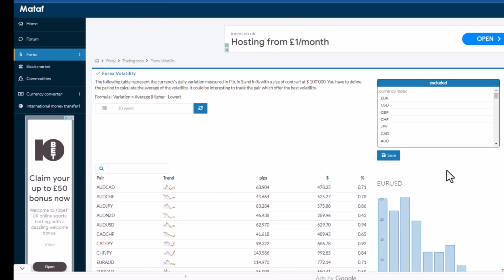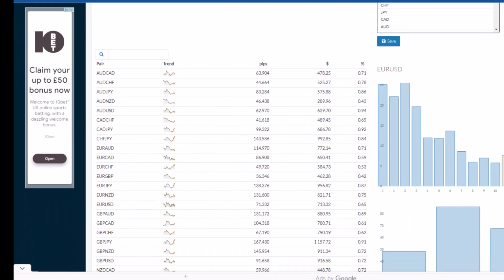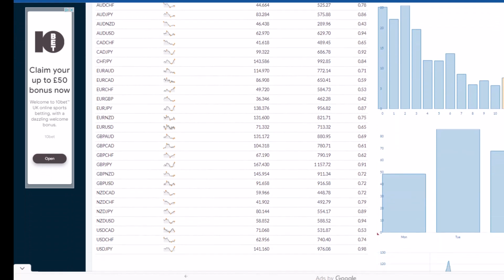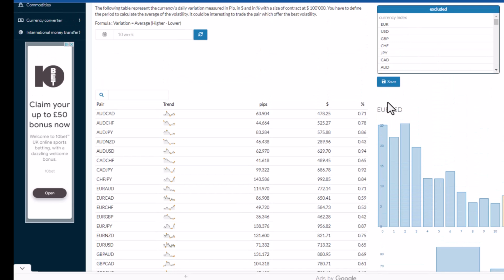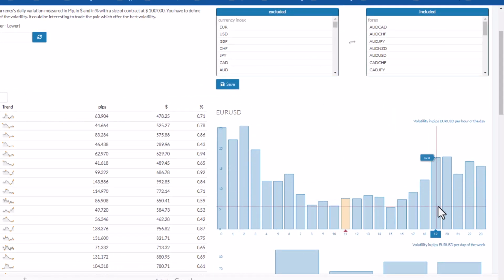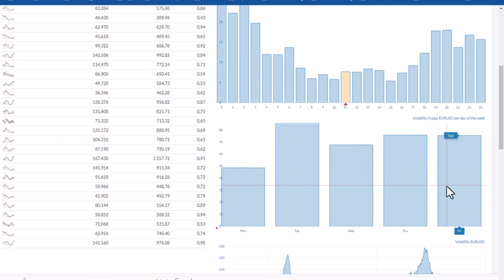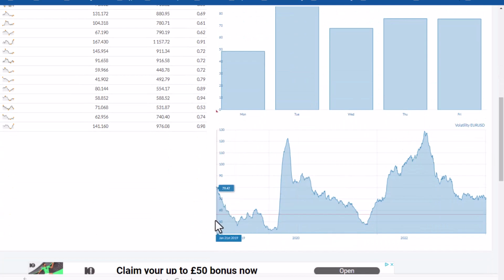And what it does, it looks at the actual currencies and it calculates the volatility of those currencies, and here you can see a whole list of the currencies, most probably the top 28 currencies that there are, and then it also gives you an outline of when the most volume in the day happens, and then it also gives you an outline of when the biggest volume in the week happens, and then it also shows you how the volatility has changed over the years, and this is most probably the last 4 years, and that's also pretty handy to see how these volatilities jump around.